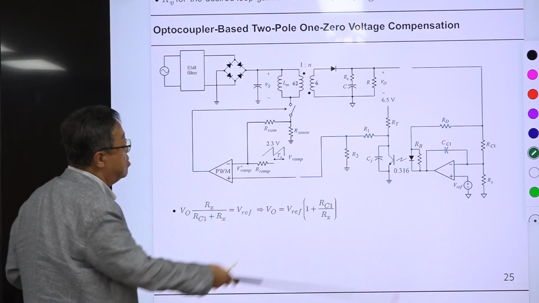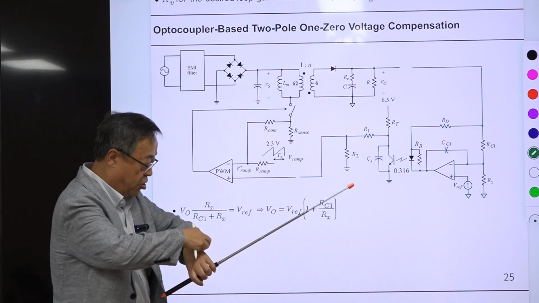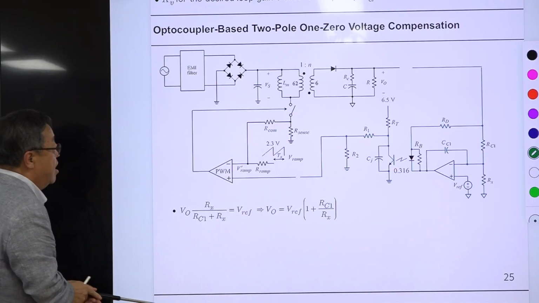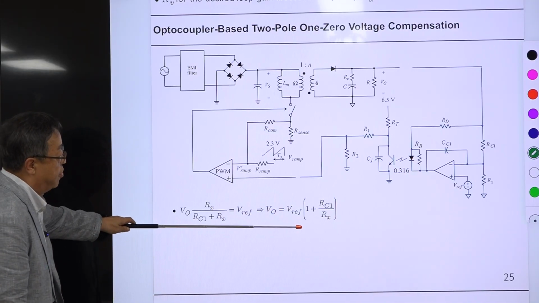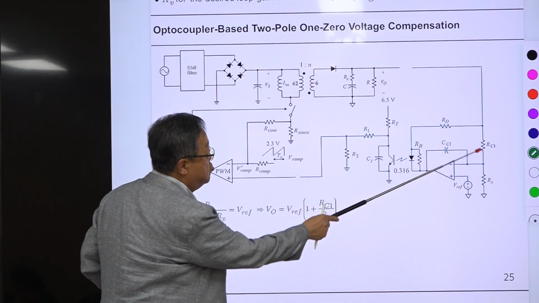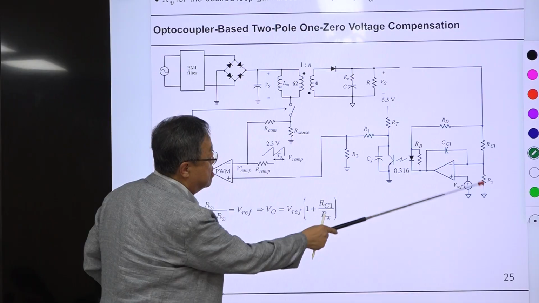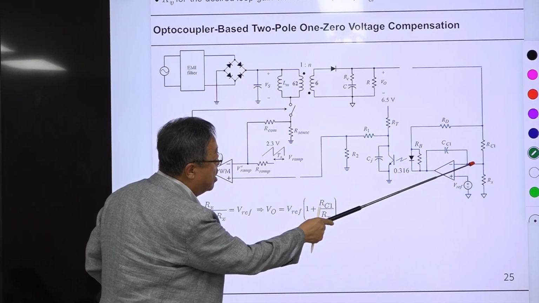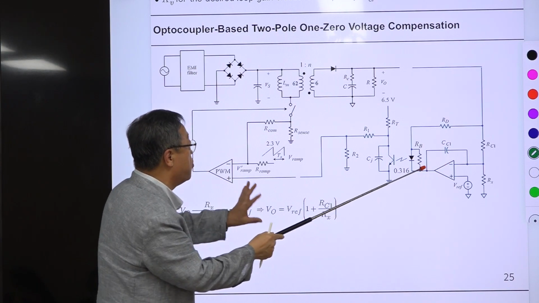You know, this is the two-pole 1-0 structure using the optocoupler isolated feedback scheme, and the DC regulation is this one. So this VO is divided by these two resistances, okay? This current is very large compared to this, okay? Then this is the division of this.